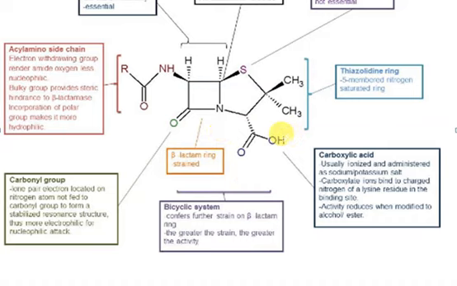So the presence of the carboxylic group is necessary here. Then we have a beta lactam, a 4-membered ring, and you know from basic chemistry that 4-membered rings are highly strained systems. This strained ring is very important. Normally it is observed that the greater the strain in the ring, the greater the activity. So the presence of this highly strained 4-membered ring is responsible for the activity of penicillin.